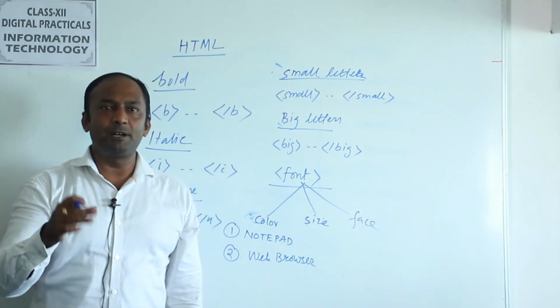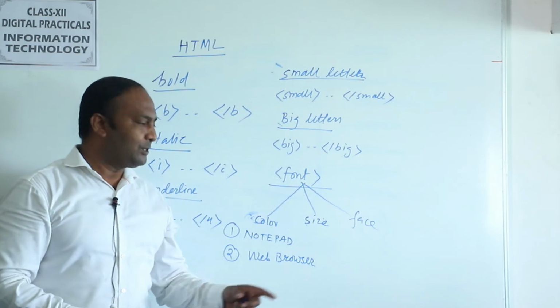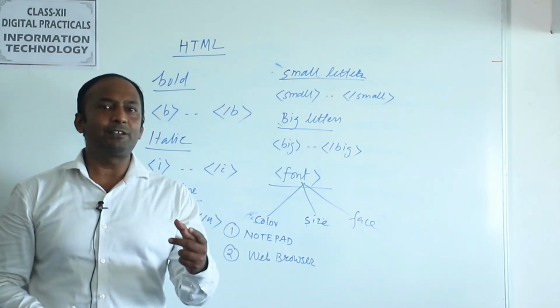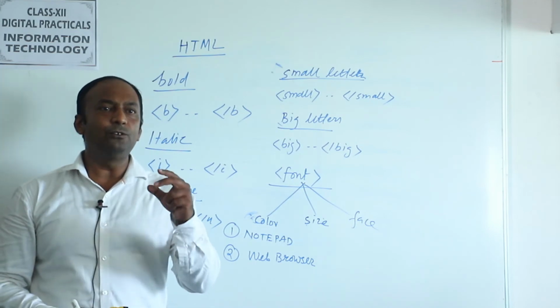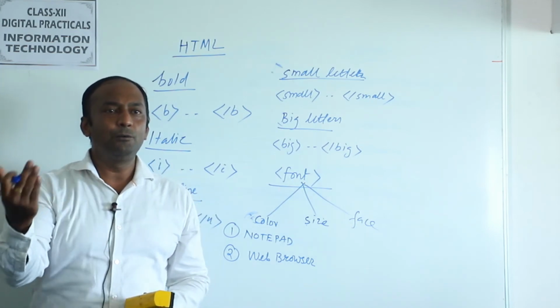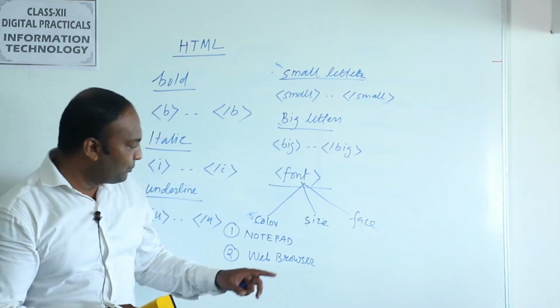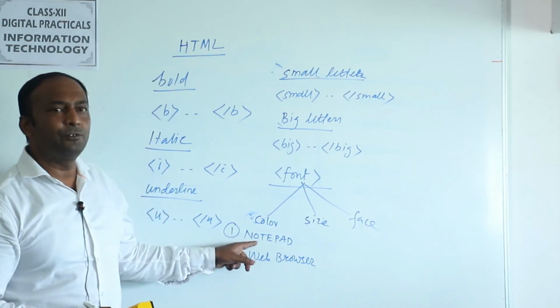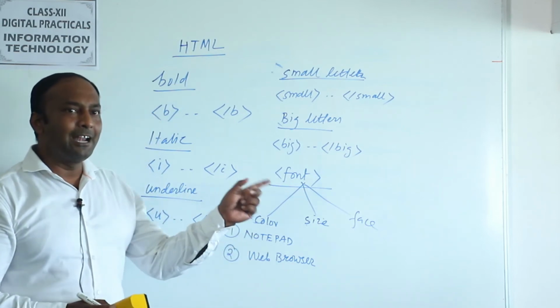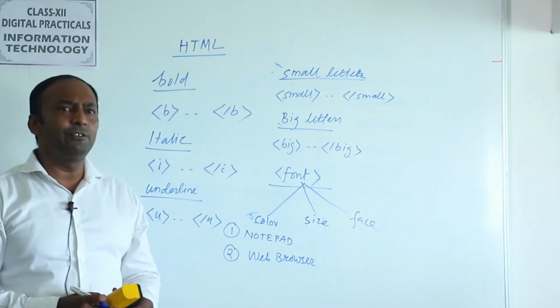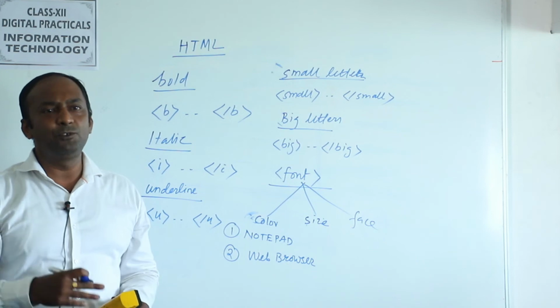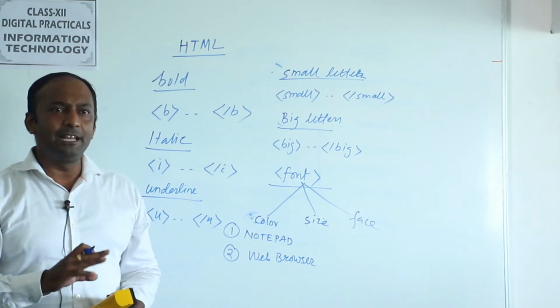So there are two things required to write down the HTML command. You need a notepad, and to display the HTML commands as a web page you need a web browser. You can use any web browser, that may be Mozilla Firefox, Google Chrome, any web browser.